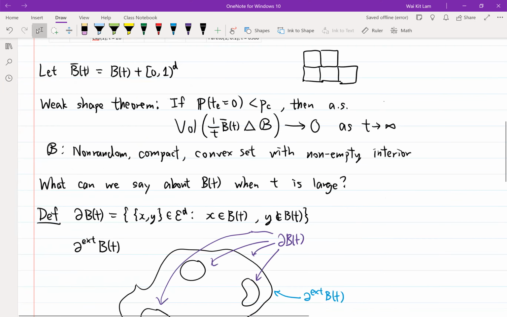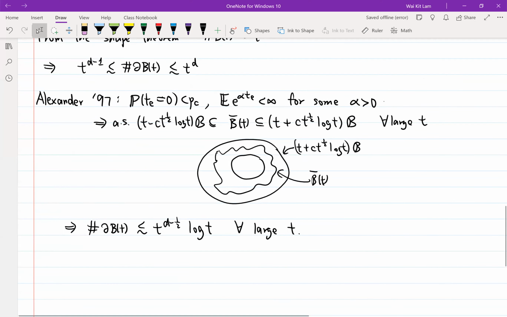If you assume that the edge boundary takes all the edges in this annulus, then this boundary is like a space filling curve, and this is something that we would not expect. So in a certain sense, this bound is not good enough.